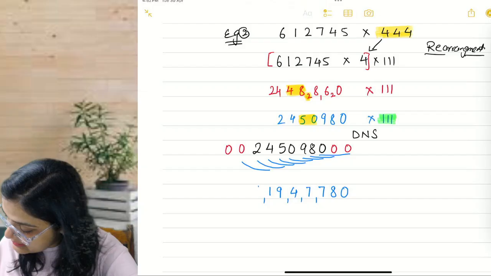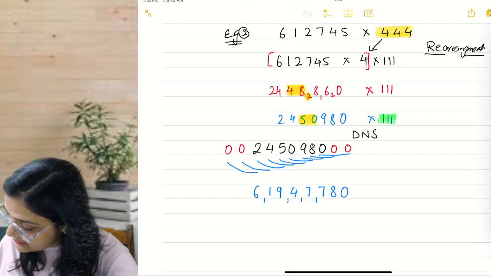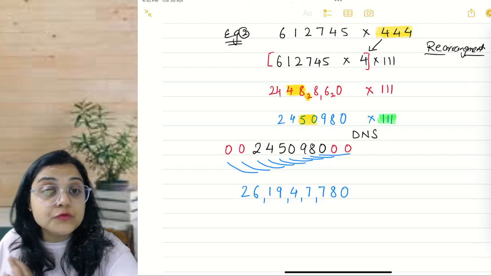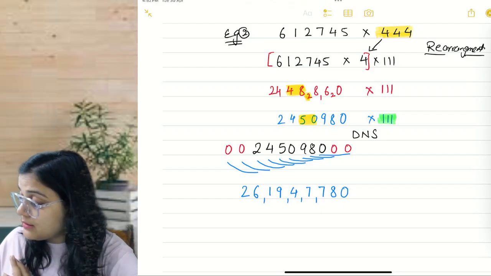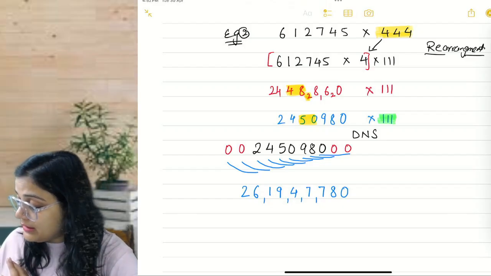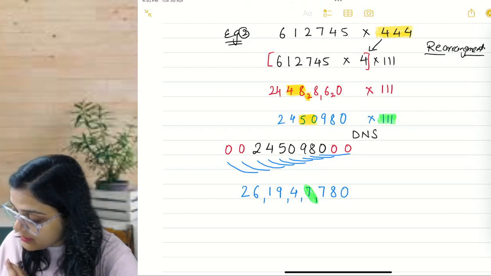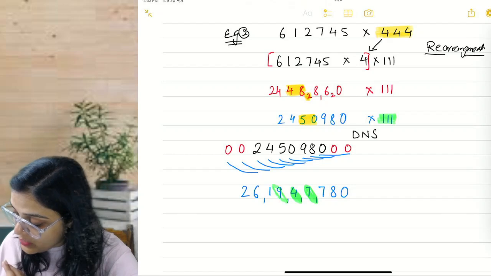This is 6. And this is finally 2. I have so many carries in this. So let me mark the carries. These two have to be clubbed. Then these two have to be clubbed. These two have to be clubbed. And then these two have to be clubbed.